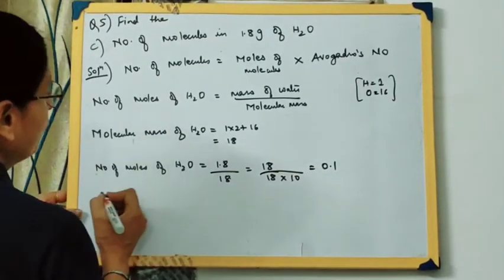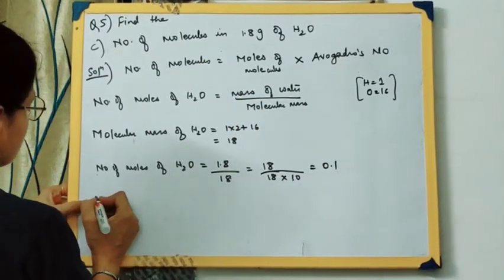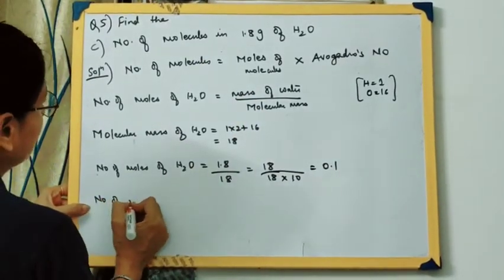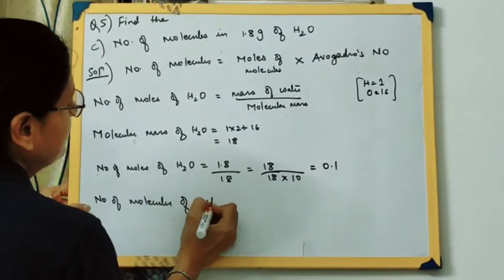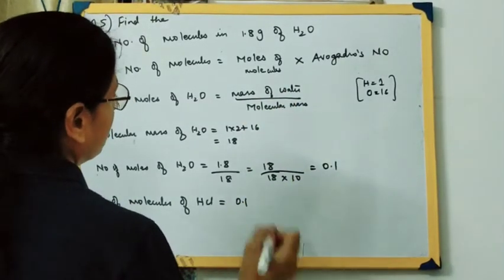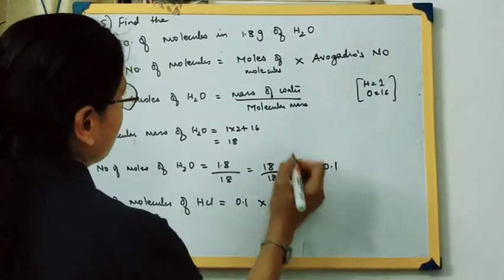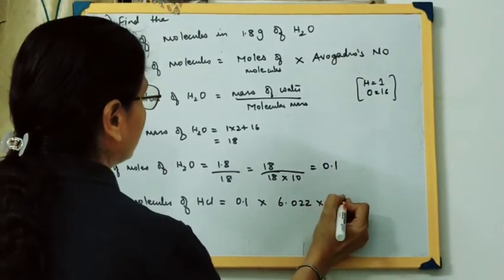Then next, we have to find the number of molecules, so we'll substitute the number of moles over here. So the number of molecules of HCl is equal to the moles, that is 0.1, into Avogadro's number, that is 6.022 into 10 to the power 23.